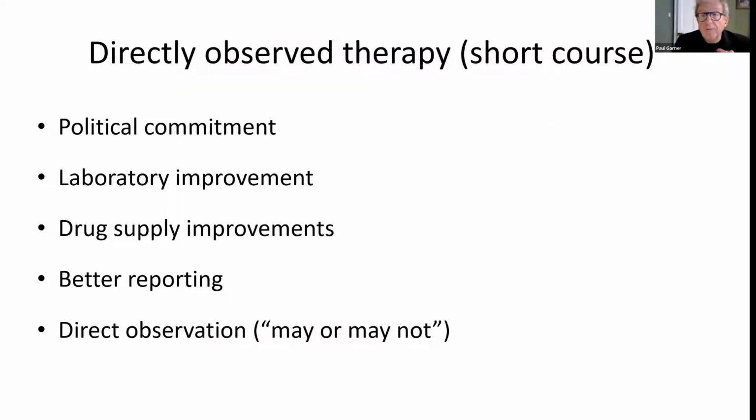And actually, over the subsequent 2 years or so, we lobbied WHO, and they did actually clarify that directly observed therapy, short course, meant all of these things: political commitment, laboratory services, drug supply improvement, better support reporting, and a classic email from them that it may or may not include direct observation of treatment.